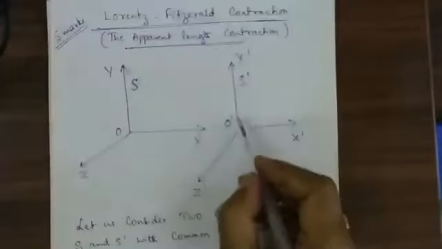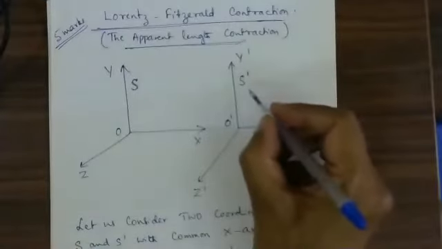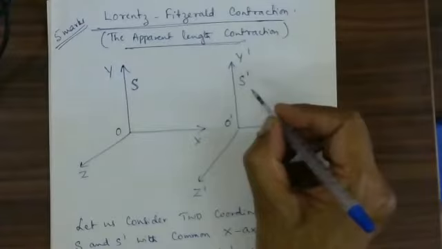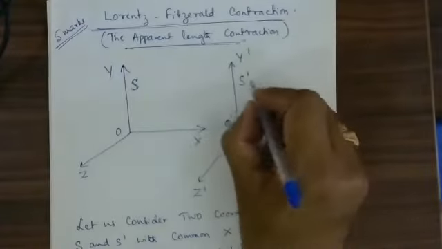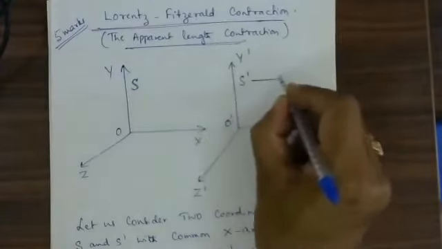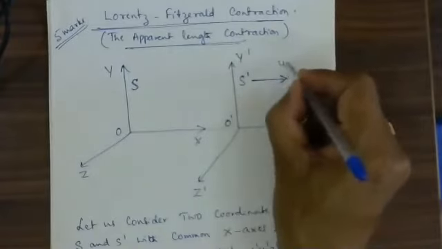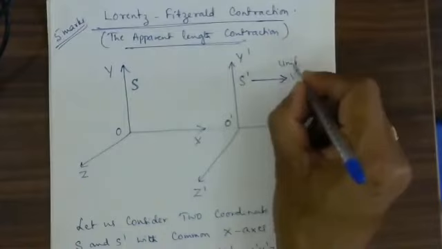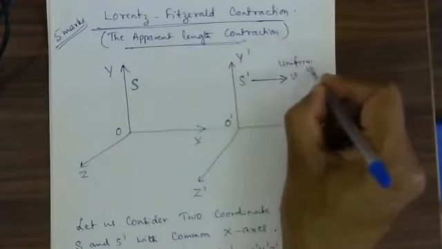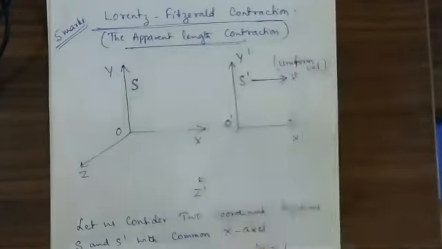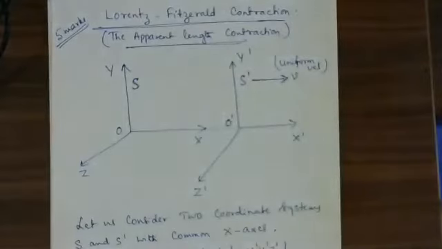This is not a stationary frame of reference. This S dash itself is moving with a velocity equal to V. This is uniform velocity, not a variable velocity.